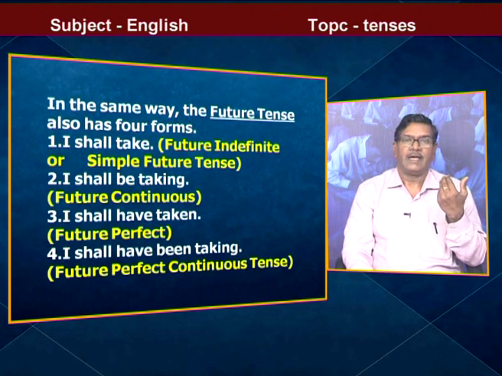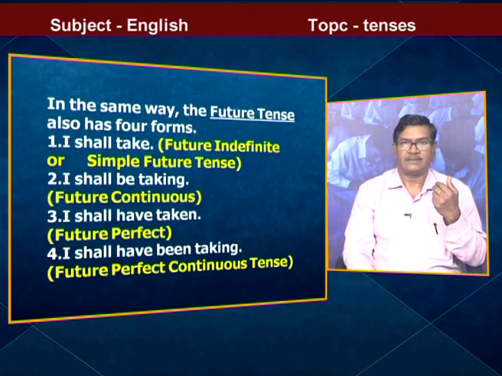For I and we, shall is the helping verb, and for all other things, you, second person, he, she, it, they, third person, for all the second and third person pronouns and other things, we have to use will.